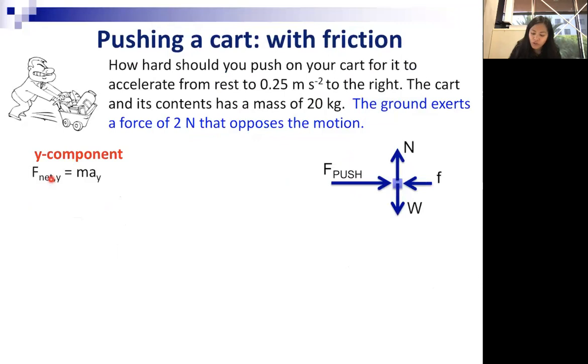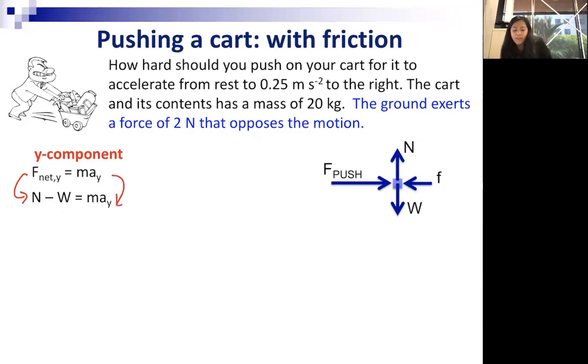So we start with Newton's second law of motion along the y. Net force along the y is equal to mass times acceleration along the y. We look at the forces along the y, you only have normal force and the weight force. Just as before, you have normal minus weight force on the left-hand side and mass times acceleration on the right-hand side.